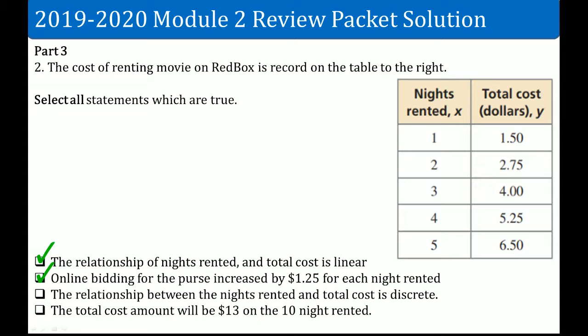That is correct. The relationship between the nights rented and the total cost is discrete. Yes, it looks discrete. It's not continuous. It's finite amounts, right? The total cost is $13 on the 10th night rented. No, that would be wrong. It is $12.75 on the 10th night.